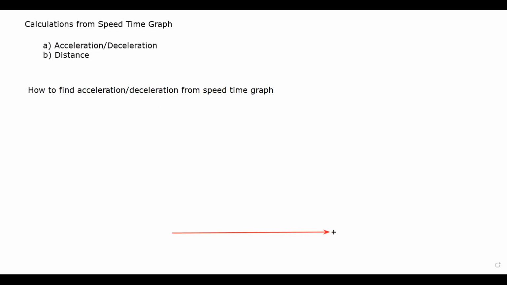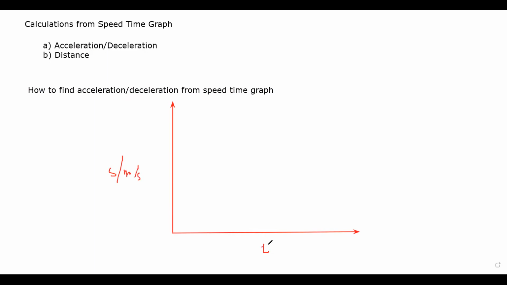So how to find acceleration or deceleration from a speed time graph? For example, on the x-axis you have time, which is in seconds, and on the y-axis you have speed, which is in meters per second.